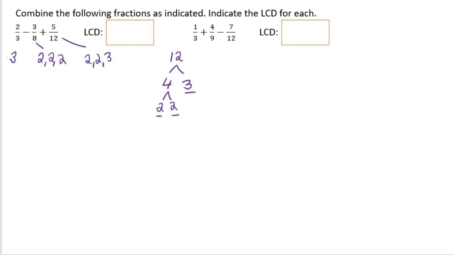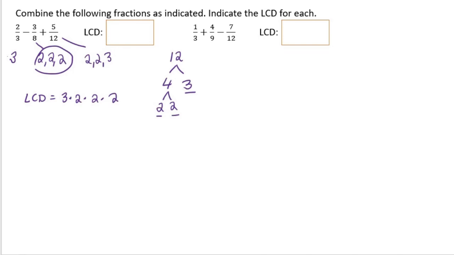So the lowest common denominator, in order to be divisible by 3, has to be composed of a 3. So we'll add a 3 to it. In order to be divisible by 8, it has to be divisible by 3 2's all at the same time. So we'll make sure that we have 3 2's in the lowest common denominator. So I'll take our 3 and multiply it by those 2's.